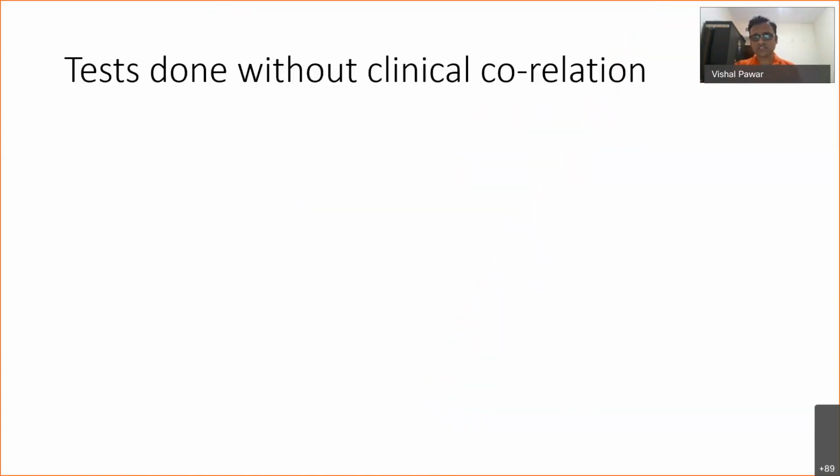So the tests which are commonly done routinely in vestibular practice, I will enumerate them. Most patients suffering from vestibular disorder undergo X-ray cervical spine, and I don't know why it is done. Many times patients are suffering from clear-cut BPPV, with positional attacks of vertigo, acute onset, and still a cervical spine X-ray is done.